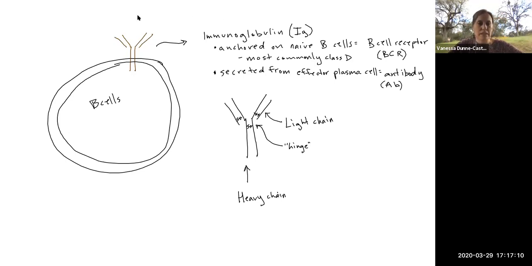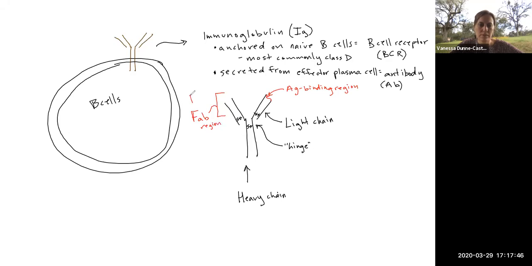There are some other really key regions on this molecule. Where the heavy and light chain come together here, this is the antigen binding region, or antigen binding domain. And this whole top portion is therefore called the Fab region.